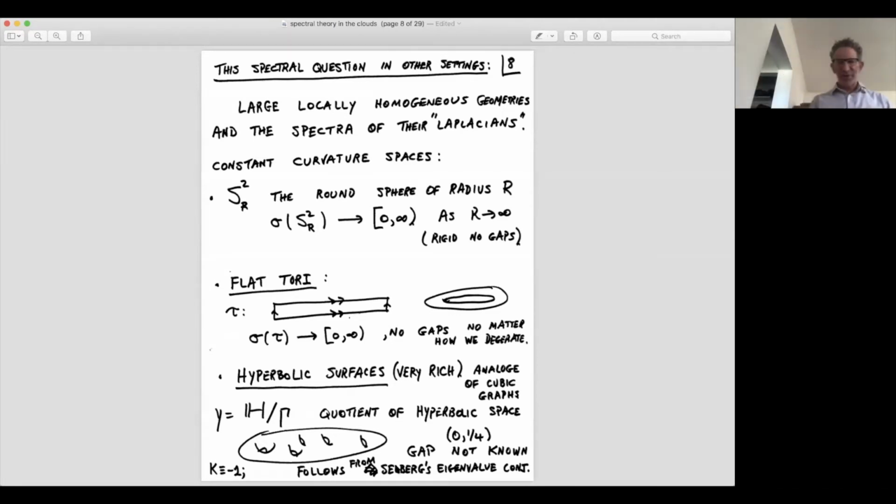In the case of hyperbolic surfaces, which is the analog of cubic graphs, you're taking the upper half plane divided by a lattice, giving you a smooth hyperbolic surface of some genus, and you want the volume to go to infinity, so the genus gets large. I've drawn a picture here of what that hyperbolic surface looks like.